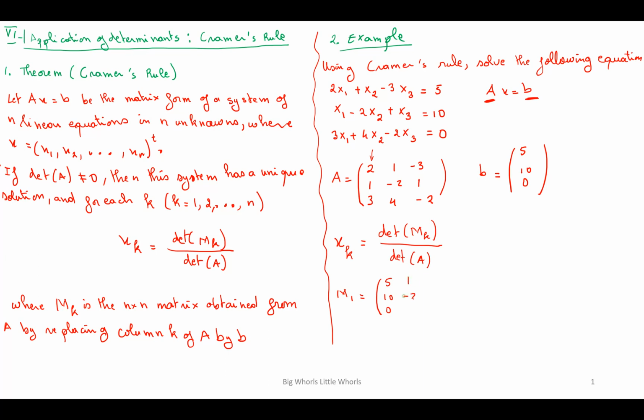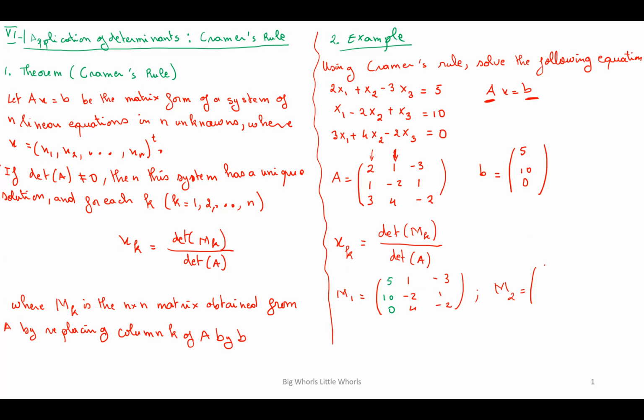So 1, minus 2, 4; minus 3, 1, minus 2. So let me show you properly. M1 is 5, 10, 0 in the first column. Now let's get M2. In M2 we use the matrix A, but replace the second column with b.